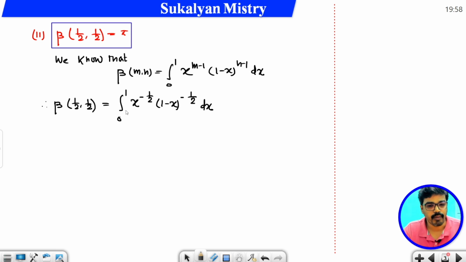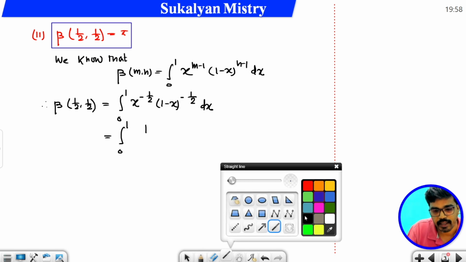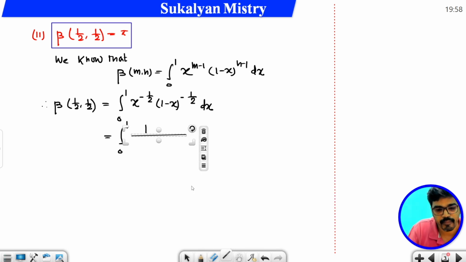Okay? So we have to integrate this. So basically this is integration 0 to 1, 1 by root x into root over 1 minus x. So we can write this as integration 0 to 1 of 1 by root over x into 1 minus x dx.